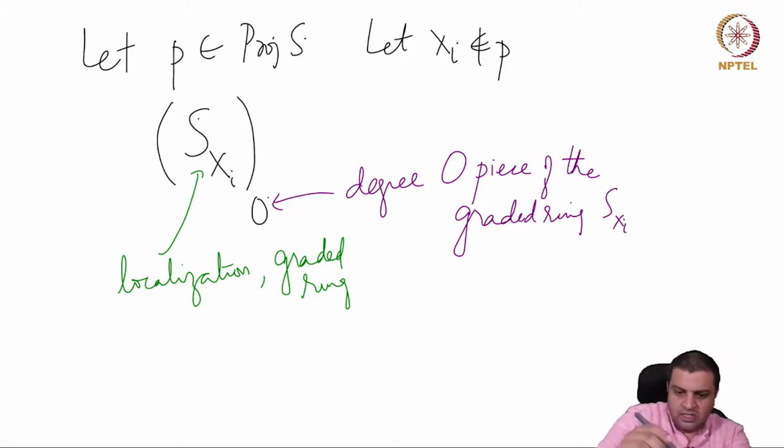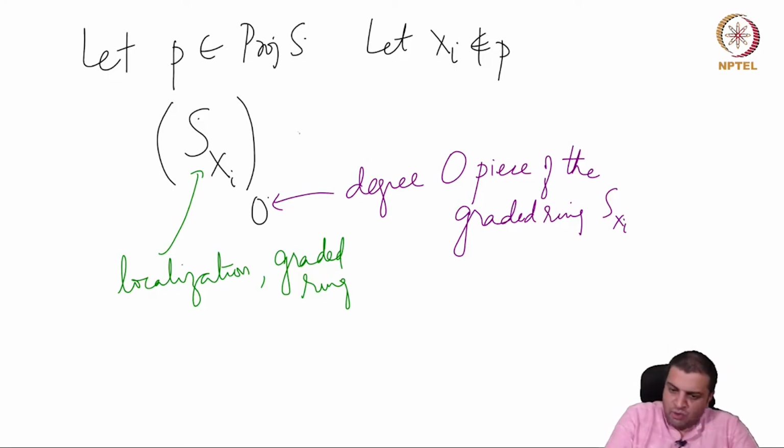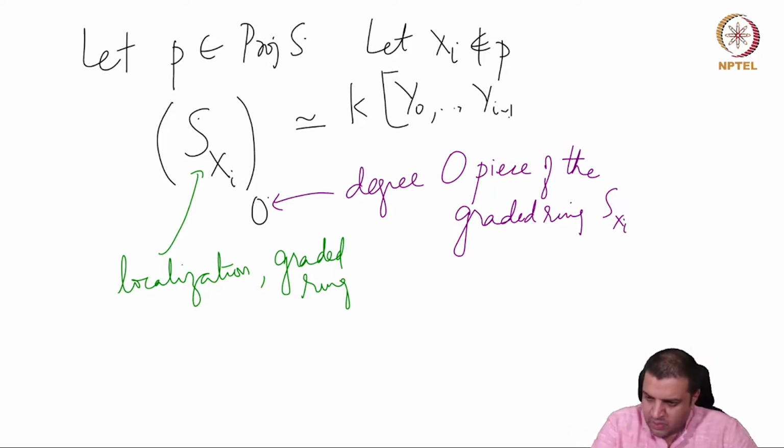So now take this one. This is isomorphic to k adjoin some n variables. Call them y0 up to yi minus 1, then skip yi, take yi plus 1, and then yn.